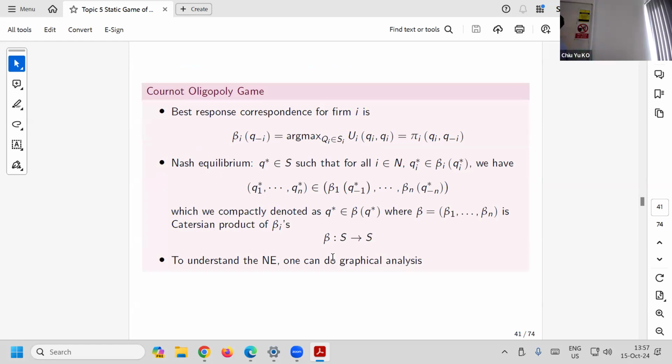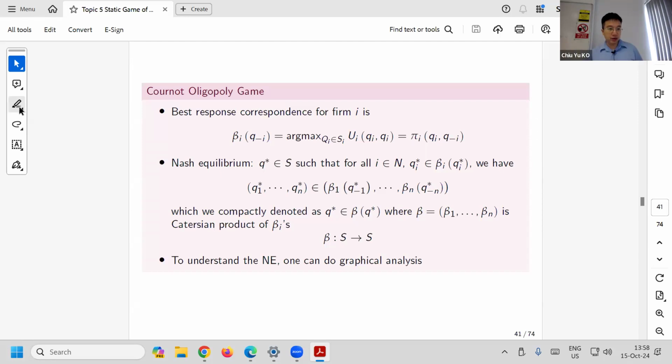So how do we define the best response correspondence? It looks at the others. Oh, there's still a typo here. It's minus i. Let's say payoff depends on your production and the others' production. This is the profit. Then there will be a set of quantities that maximize it. Oh, sorry, there are two typos here. I'm sorry about that.